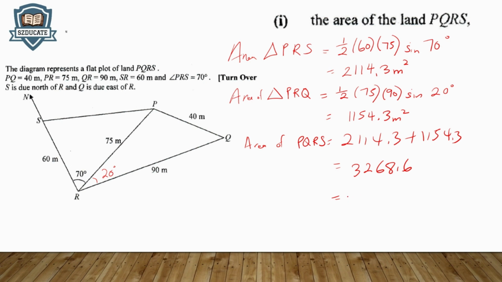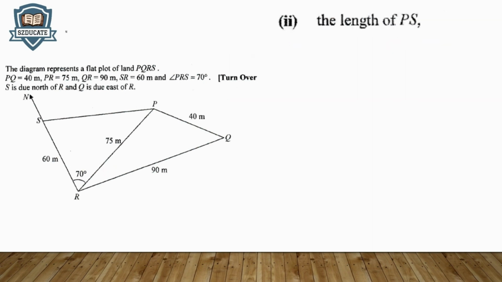Now, this is the final answer for part 1. We need to approximate to 3SF. So 3270 meters square, because it's not exact.